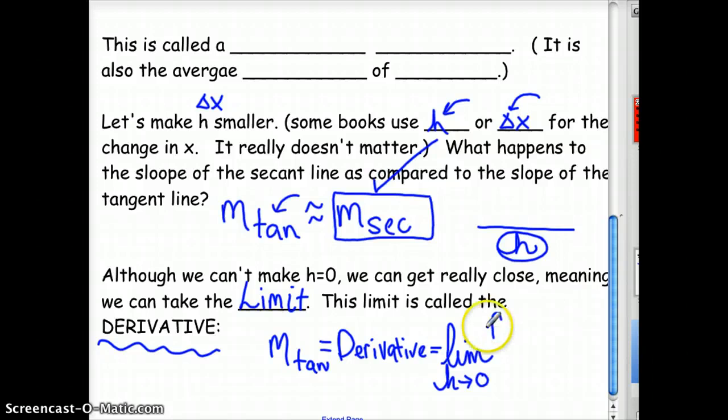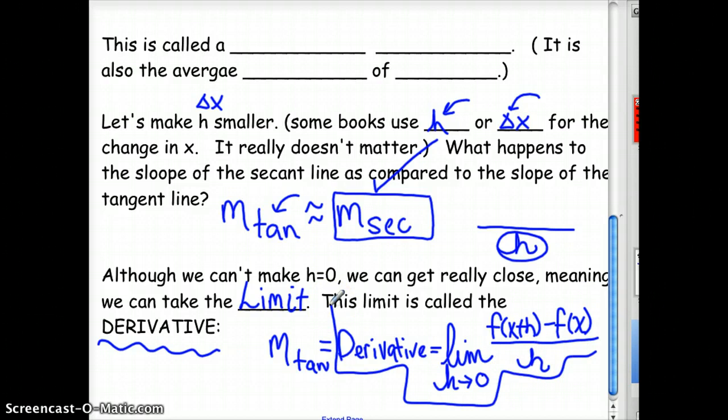And remember, slope was change in y over change in x. This is key: when you're finding the derivative of a function, you're really finding the slope of the tangent line. To do that, we find the slope of the secant line and keep pressing it closer and closer until it's almost right on top of the tangent line.